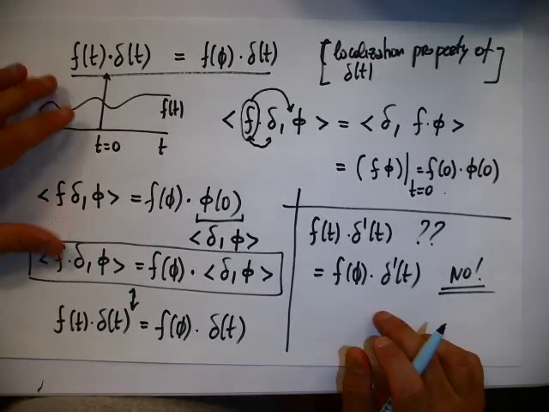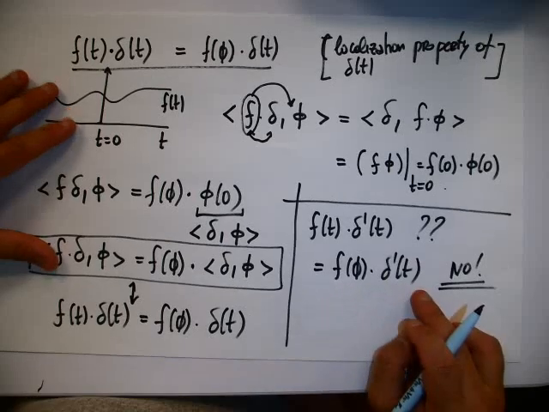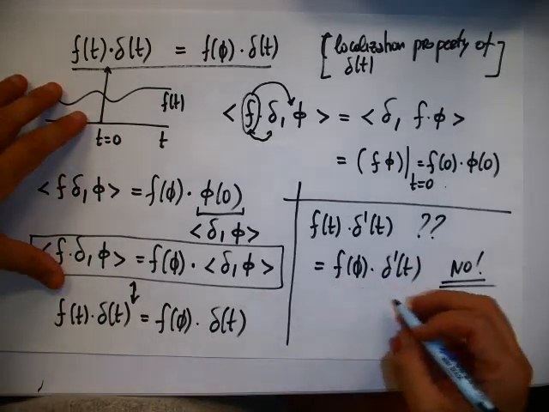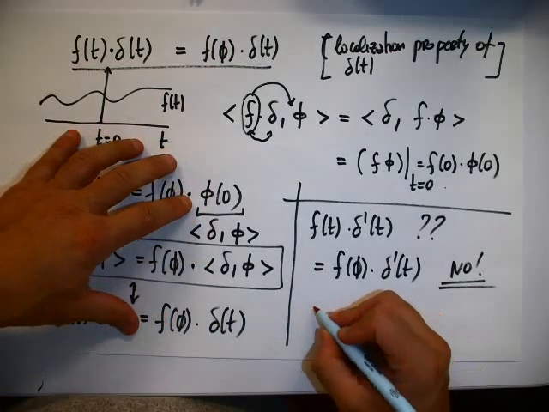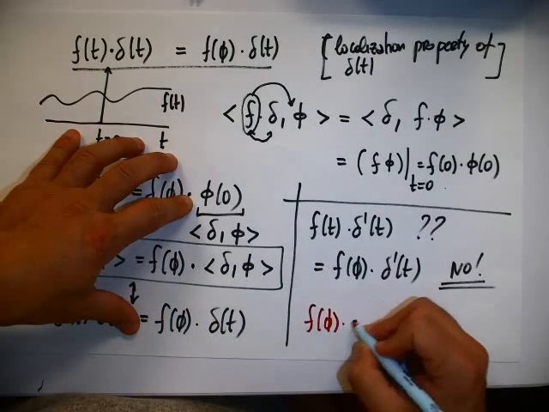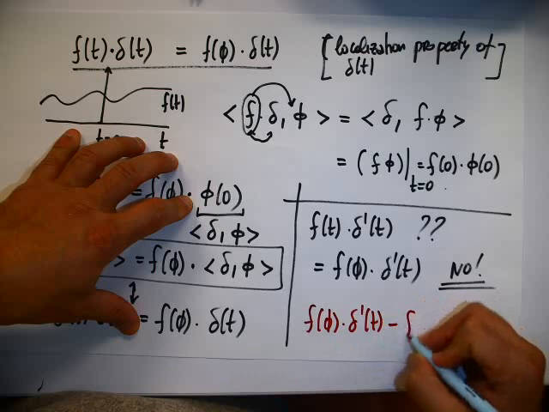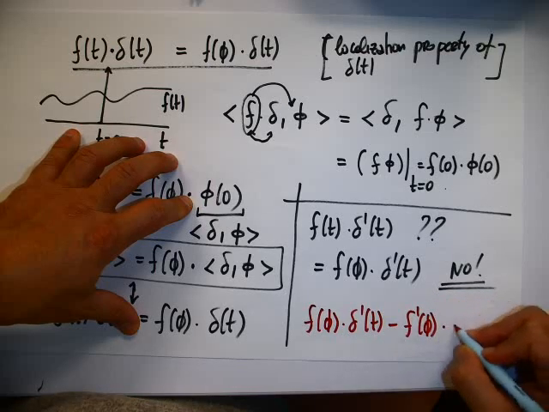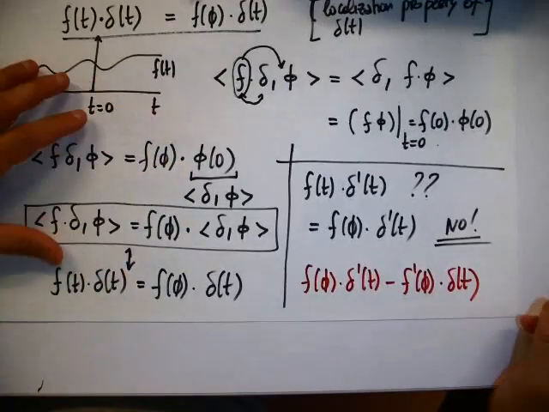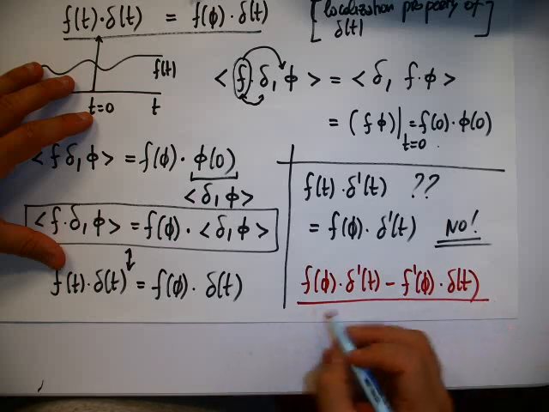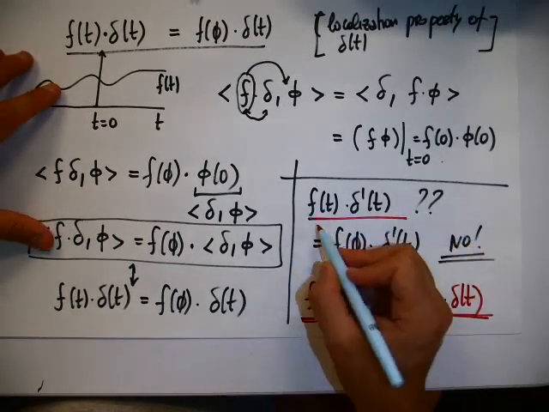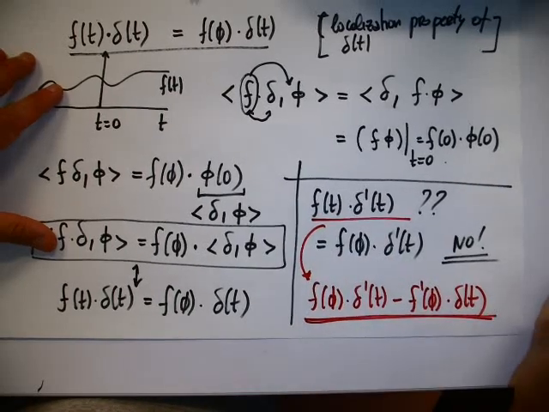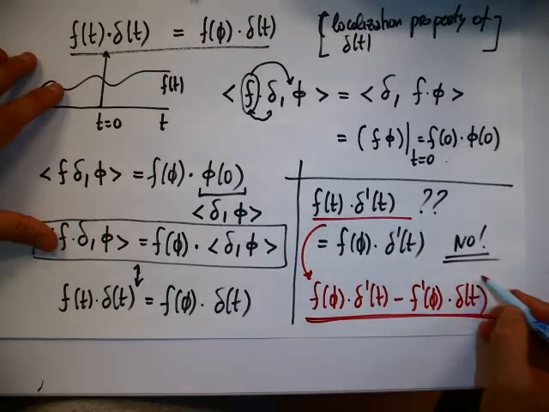Besides this, we need to also add: the final formula is f(0) times delta prime(t) minus f prime(0) times delta(t). That is the correct equality. So there is an extra term, and that's very weird, right?